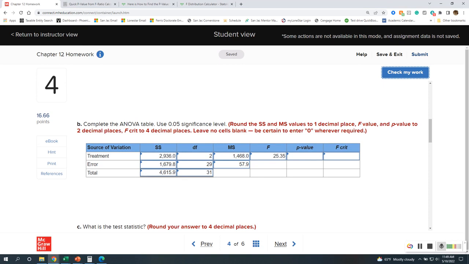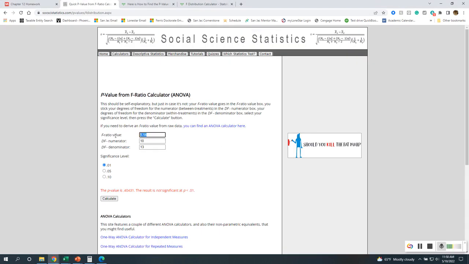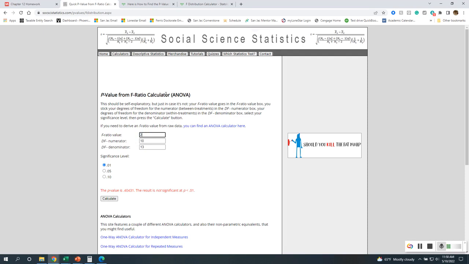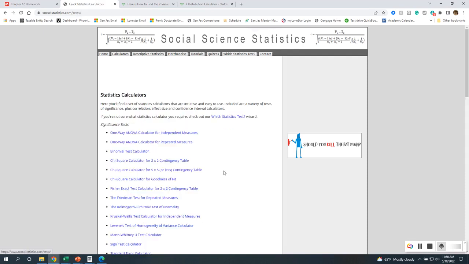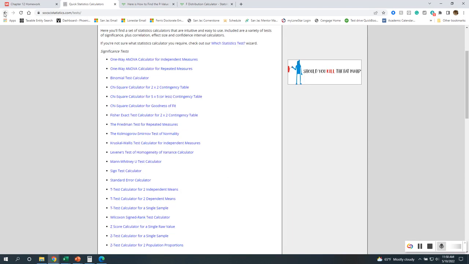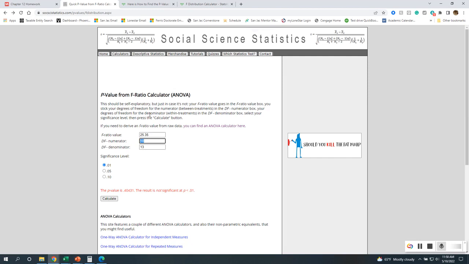Alright, so p-value again. Okay, so let's see what we can do. We're going to try again with one of these and see if it actually works for us. So, 25.35. Whoops. Okay.